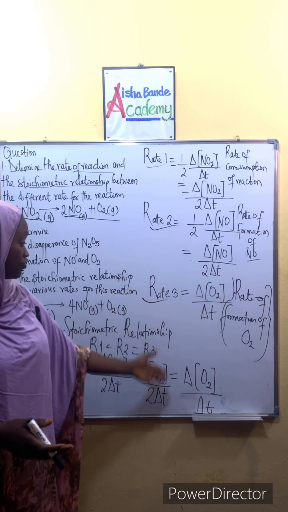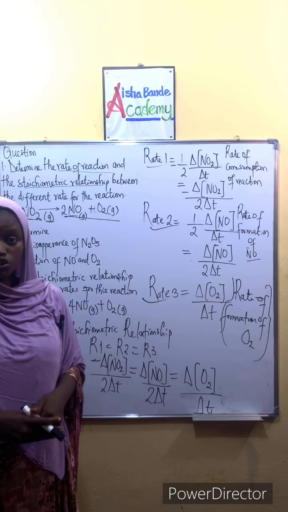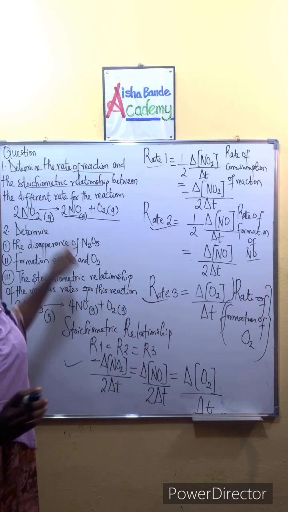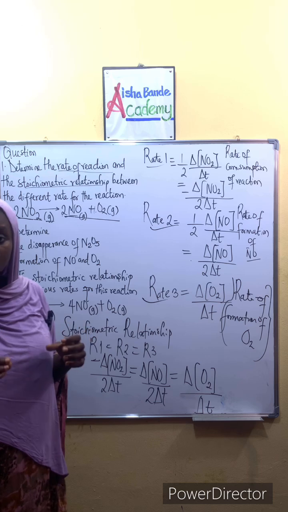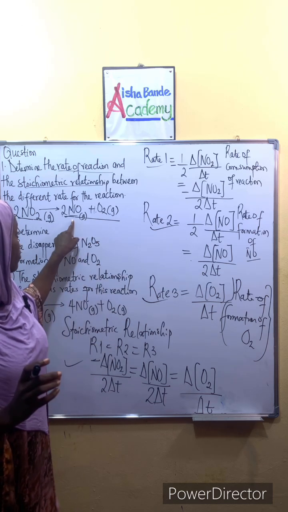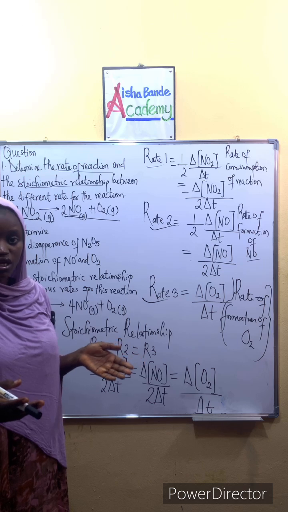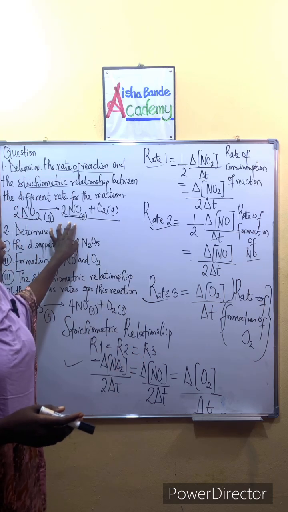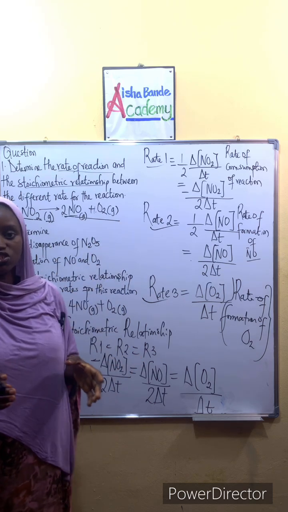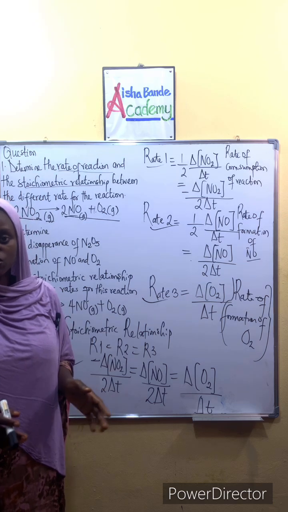After getting all of these rates and also the stoichiometric relationship, every 2 moles of NO2 that decompose, 2 moles of NO and 1 mole of O2 are produced. So that means 2 moles of NO and 1 mole of oxygen gas are produced.